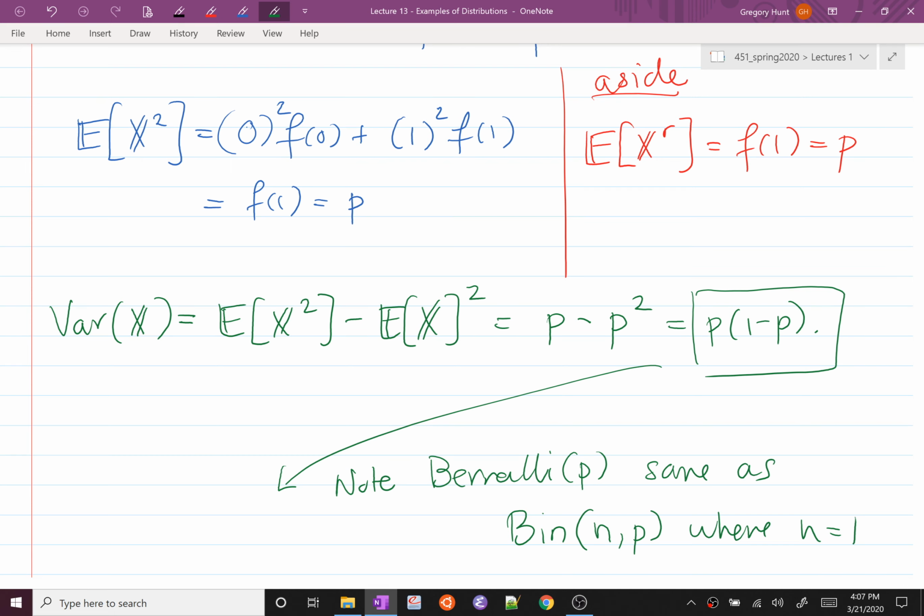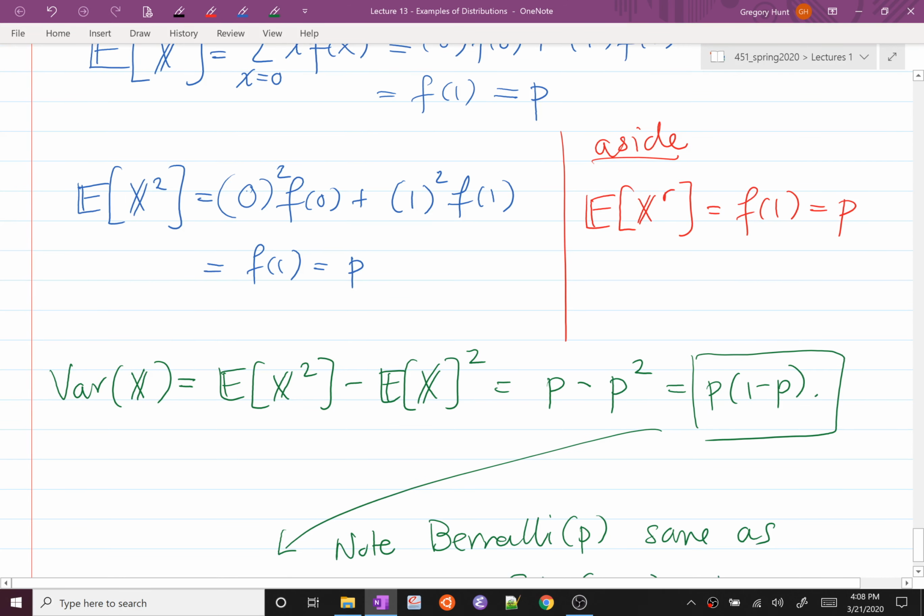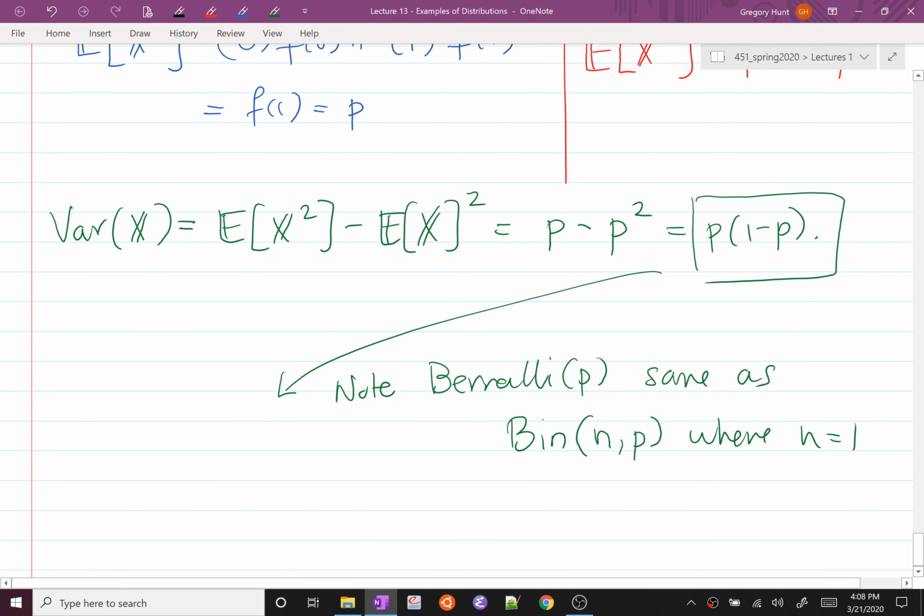For Bernoulli, I do one experiment and I look at whether that is a success, right? So it's just a binomial case with n equal to 1. And you can see that from the expected value, the expected value of the square, and the variance. Go back and look at the binomial case. These are all the cases if I just plug in n equal to 1.